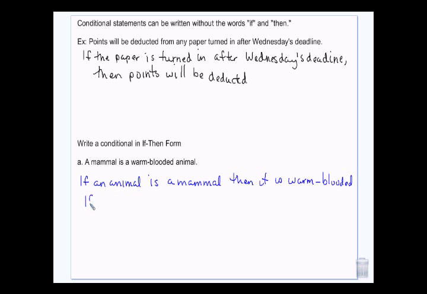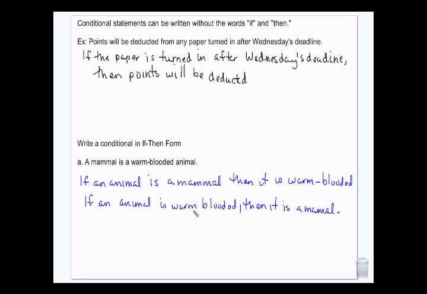Or I could say, if an animal is warm-blooded, then it is a mammal. Is that true? Yes, this one is for sure true. Is this one true? No, because we have other animals that are warm-blooded but not mammals.